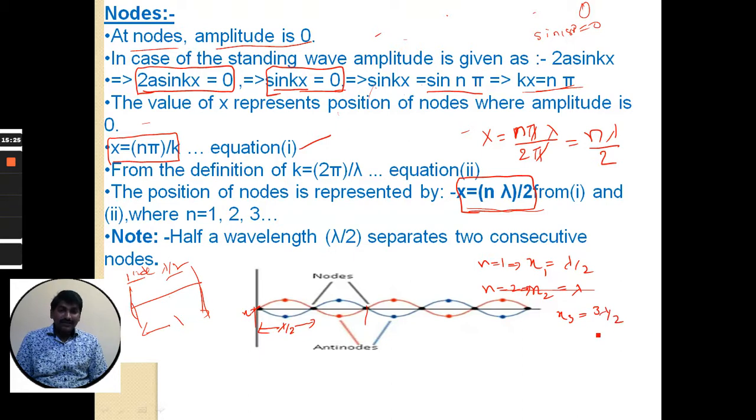Like this, if n number of nodes form, you will find the distance from the initial position of the wave, where x equal to 0, if you take a boundary condition of any string. That means we can understand that from one node to another node the distance is lambda by 2.